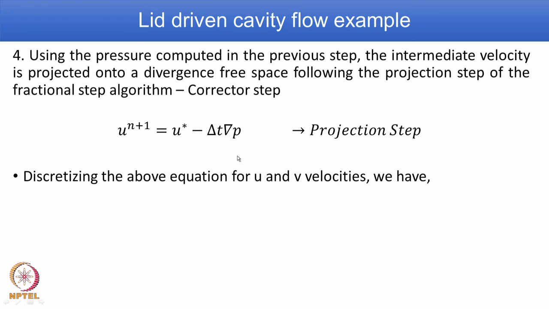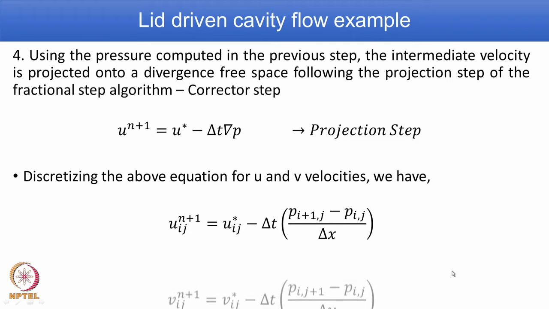Similarly for v star as well, and if you discretize the above equation for the u as well as v velocity, then we have, as shown here, u at i comma j, new value at n plus 1, equals u i comma j star minus delta t into p i plus 1 comma j minus p i comma j by delta x.